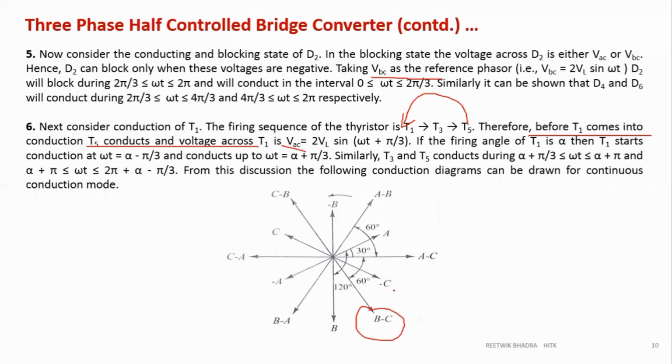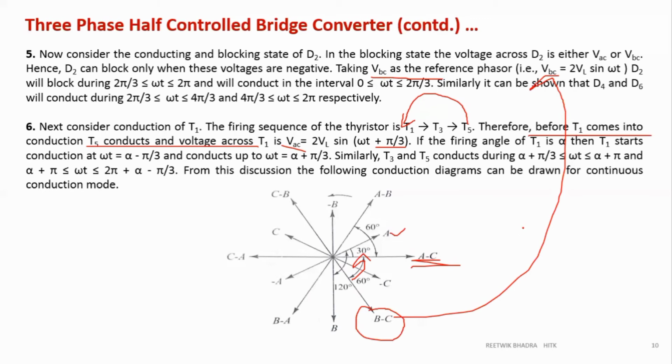And from here, VAC is this point. So how much is the gap? 60 degrees, clockwise. So plus 60 degrees, or pi by 3. That's why this is written like this, because VBC is considered as reference. You could have taken A as reference and written this, no problem. Over here I have taken this reference.